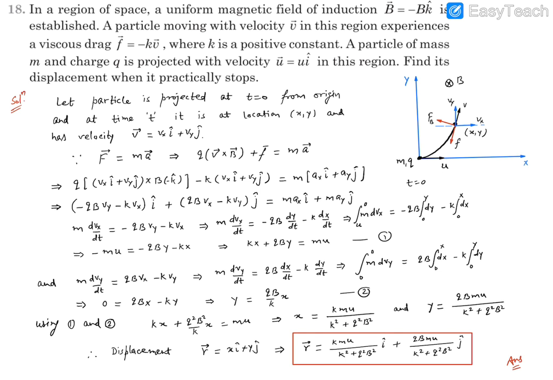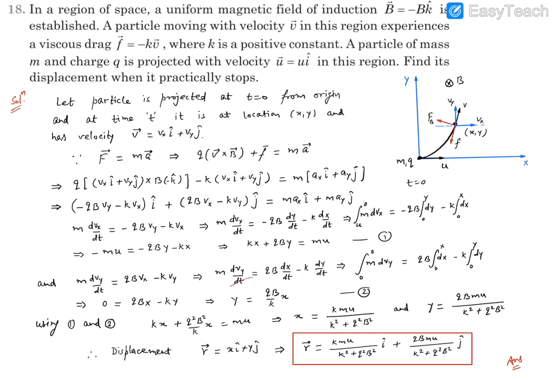Now this integration is quite simple. You'll find it's going to be minus mu is equal to minus qBy minus kx. The minus can be eliminated. So that's the first equation. Similarly, in the y direction, the mass into y direction acceleration, m dvy by dt, is equal to qB vx minus k vy. Again, vx can be replaced by dx by dt, and vy by dy by dt.